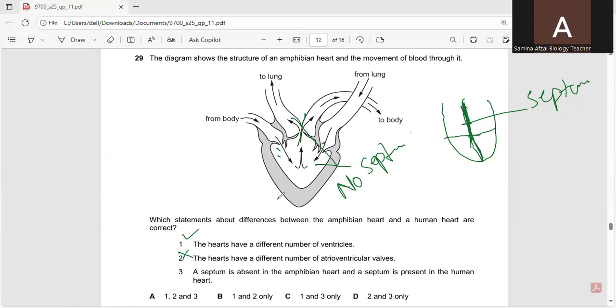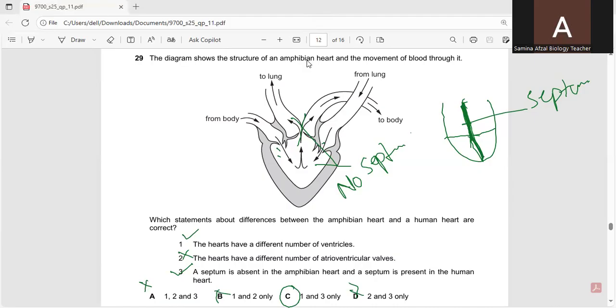It is between the right and left side of the heart. So this is the correct statement. According to this, C is the correct option, not A, B, and D. And the septum is the wall in between the left and right side of the heart, which keeps the oxygenated and deoxygenated blood separate from each other.